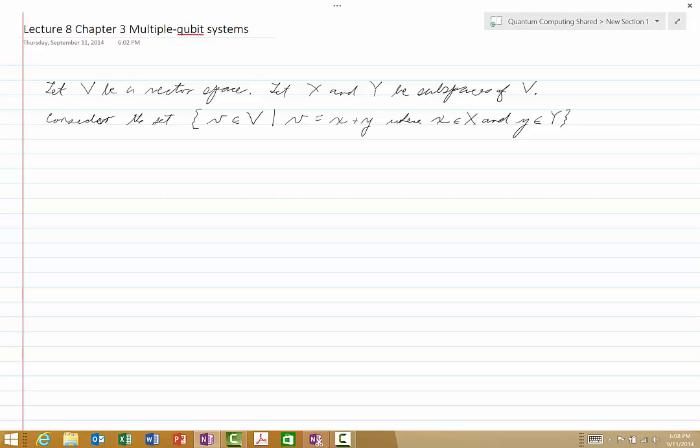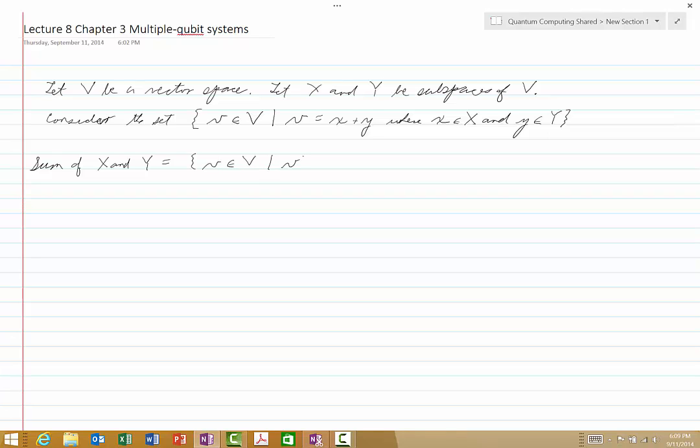Now, we called this the direct sum. We called this set the direct sum of X and Y. However, if we're going to use that terminology, we need to throw in one more fact. So let's be a bit more precise now and say, let's first define the sum of X and Y. And that is precisely the set that we have.